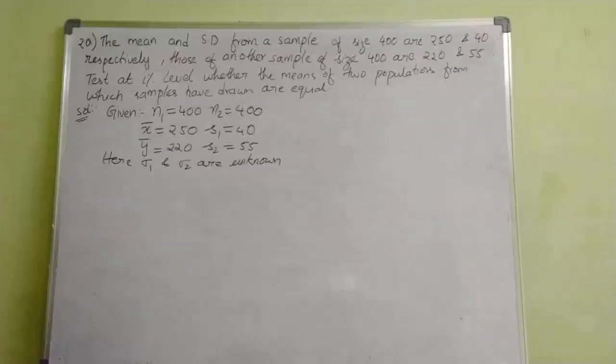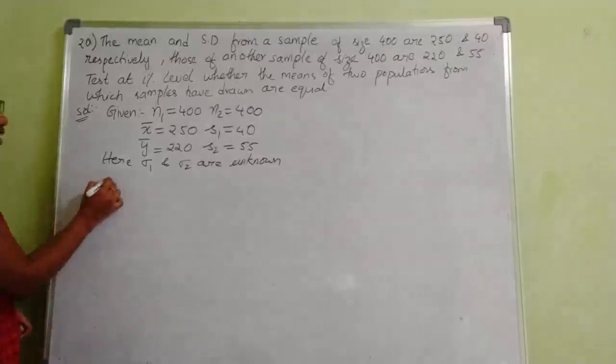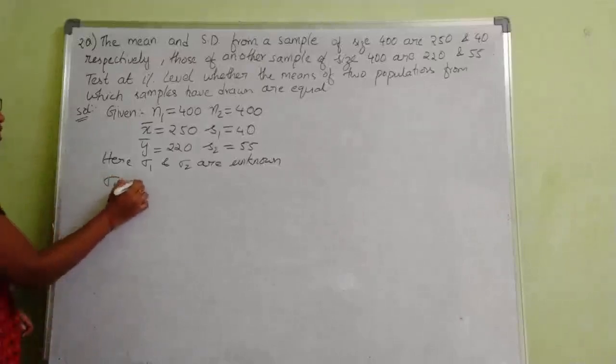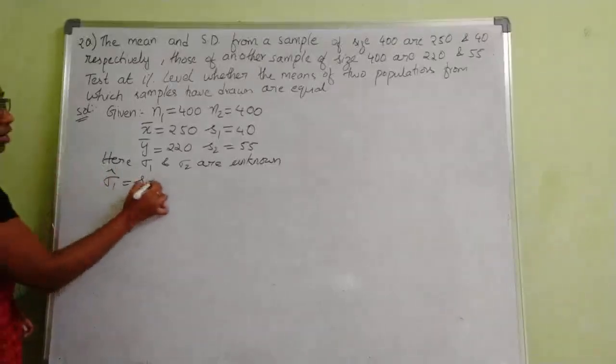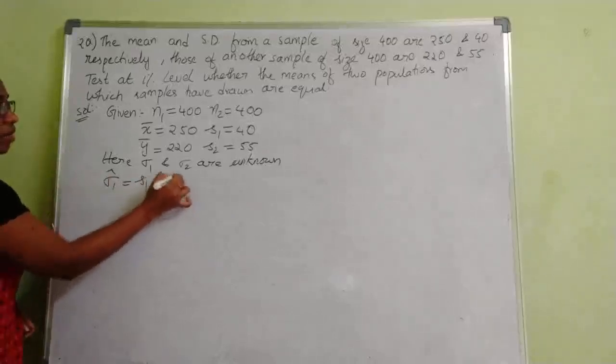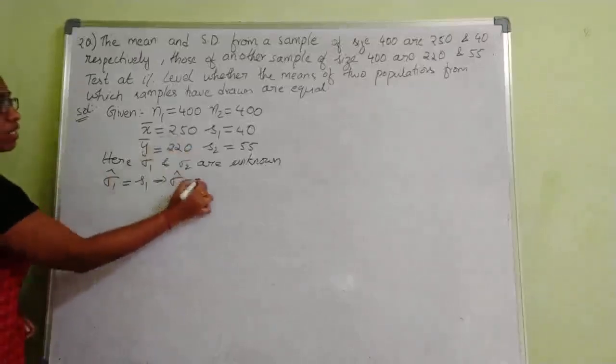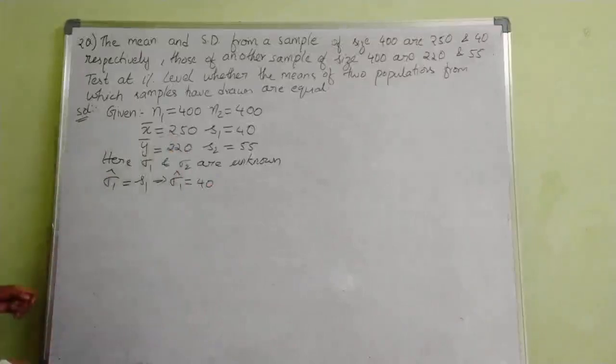Whenever they are unknown, how will we estimate those values? Sigma 1 hat equals S1, which implies sigma 1 hat equals 40.